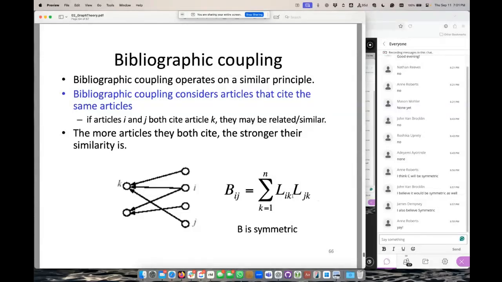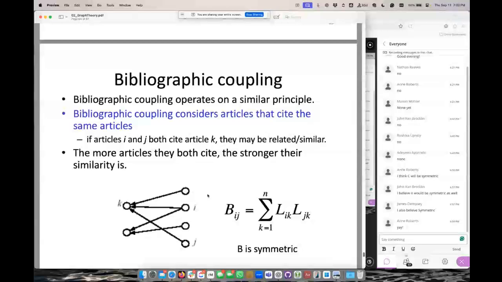The product between Lik and Ljk, because we are establishing the edge from I to K, similarly from J to K. And the more such K exist, the higher this sum will become, right? If both of them are 1, then 1 times 1 is 1. Otherwise, if any of these edges don't exist, the product will be 0. So the closer this sum is to n, the more similar I and J are, or basically Bij will be higher. They will be more related.